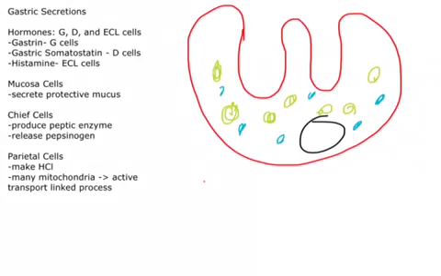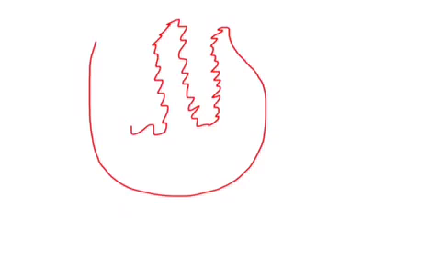But in our stimulated state, our parietal cells look a little bit different. They have a lot more surface area. This is a lot more microvilli.